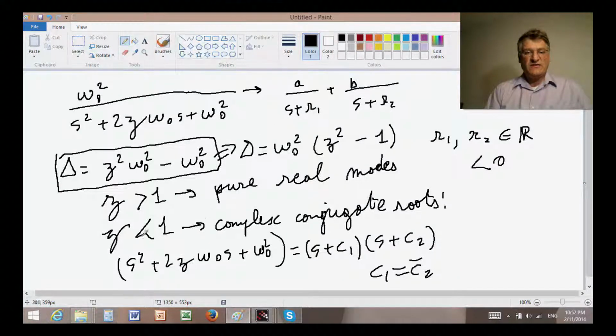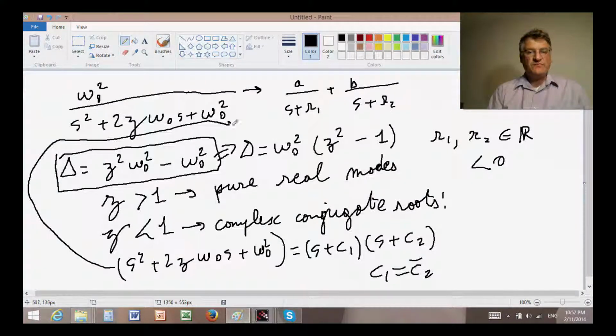Whereas here we write the same thing as s plus r1 times s plus r2, okay, and r1 and r2 are real.